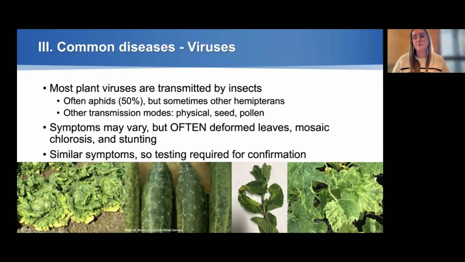You'll get poor growth or stunting, and oftentimes there'll be some kind of distortion or deformation of the leaf tissue, and sometimes of the fruit. They often have very similar symptoms, so the only way to really know which virus you have is to test for it. But there are some that are just more common out there.